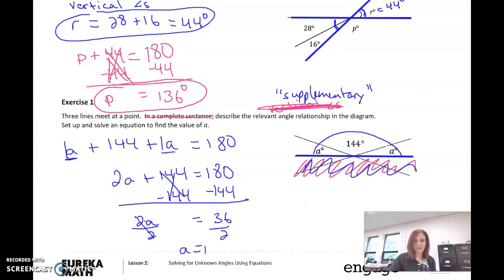And A equals 18. Before we end here, make sure we're answering the question being asked: set up and solve an equation to find the value of A. I did that right here. The ones we worked on here, we'll do some more examples in the next video. Our focus was on vertical angles and supplementary angles, angles that form a straight line and add to 180.